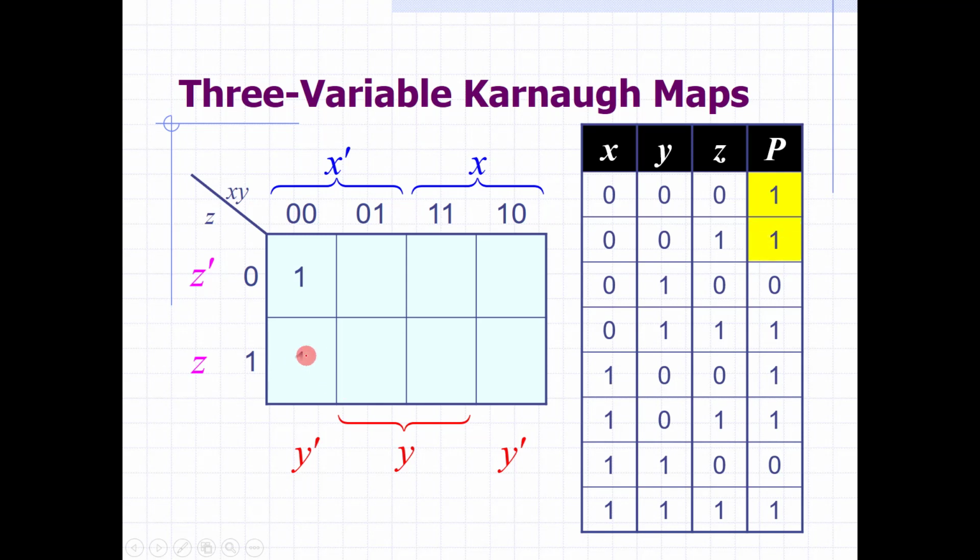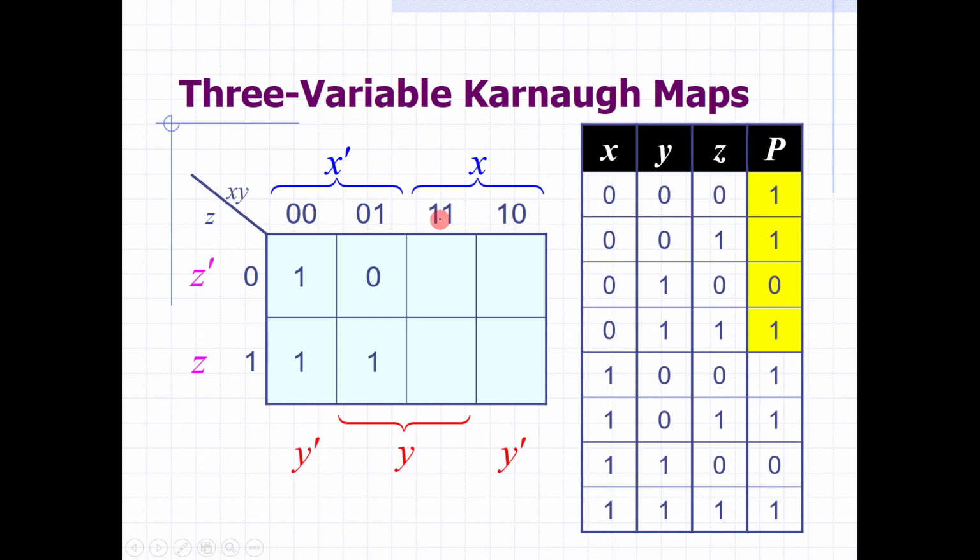And then the third value there is a 0, it will go here. The next value is a 1. It will go here. Now, if things were working out properly, we would put our next value in this square.